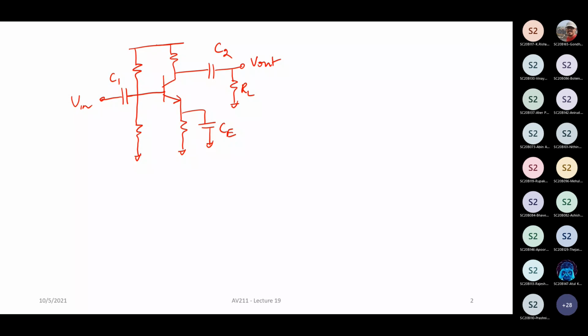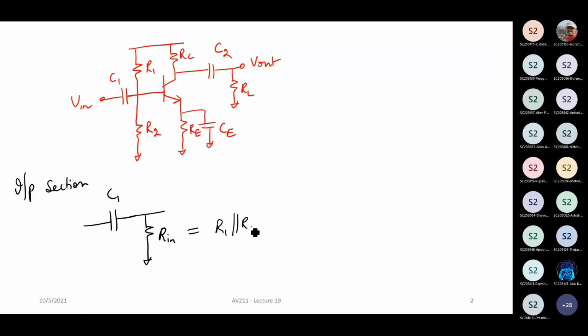Now, when you look at this, let's say this is R1, this is R2, this is RC, this is RE. Correct. Now, the input section. As we saw in one of the earlier classes, the input section can be seen as C1 with a certain Rin, where this Rin is equal to what? R1 parallel to R2 parallel to R pi.